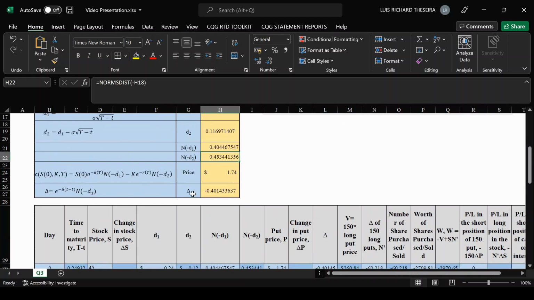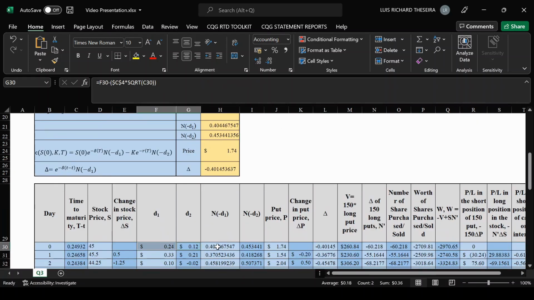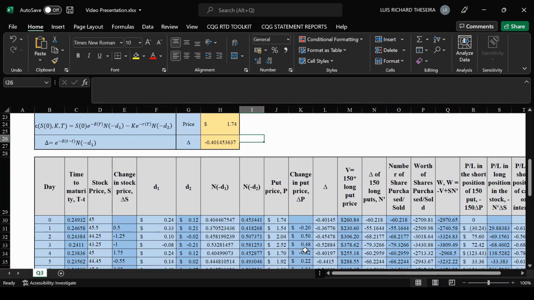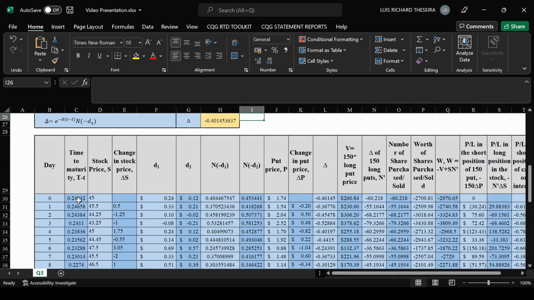So each D1 and D2, you can see that it corresponds here. The price will also be under this formula, which will be $1.74, and the delta is also under this formula, showing the delta formula.